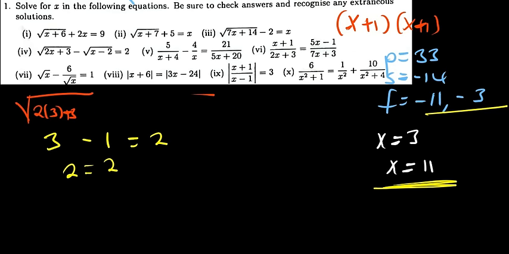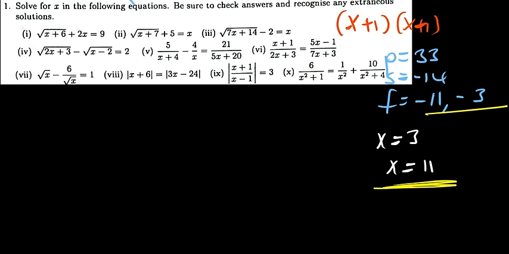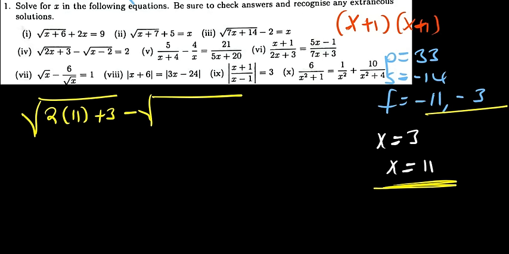From there, we try 11. The square root of 2 times 11 plus 3 minus the square root of x is 11 minus 2. Is it going to give us 2? Let's see.